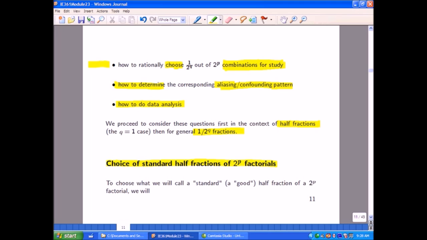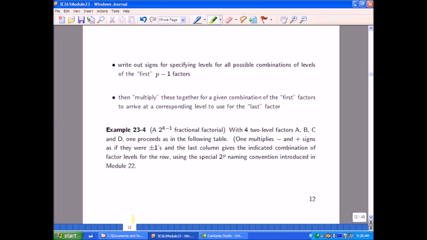Here's what we're going to do. We are going to use a prescription that says write out all combinations of levels of 1 less factor than we have in the study.